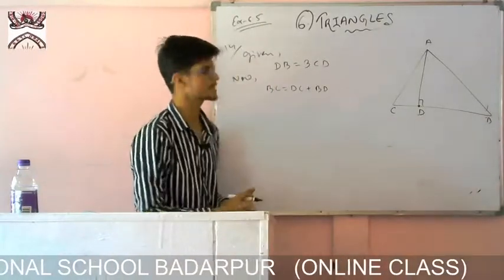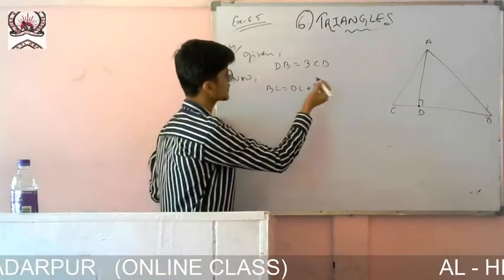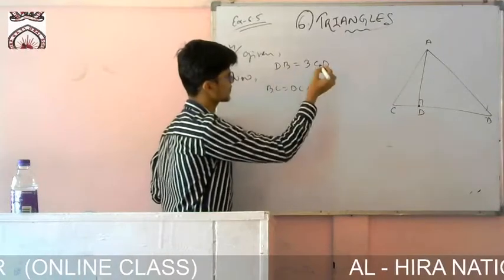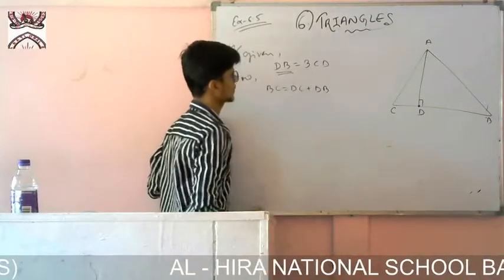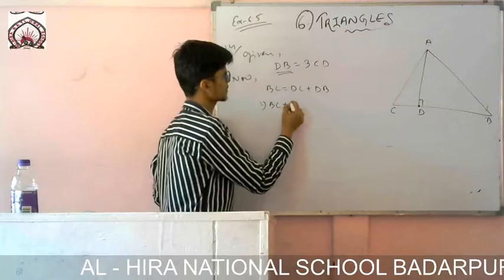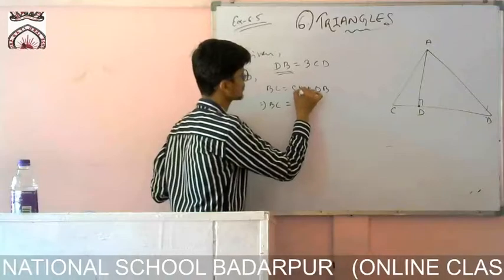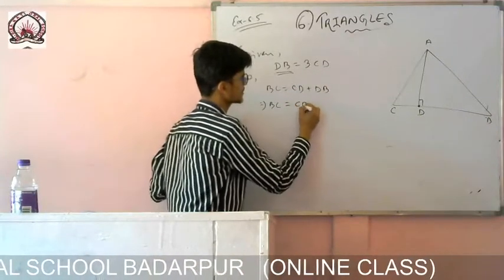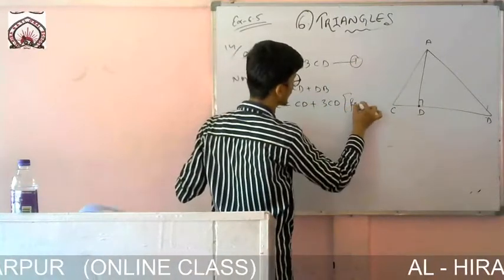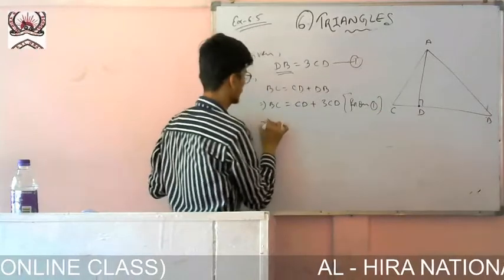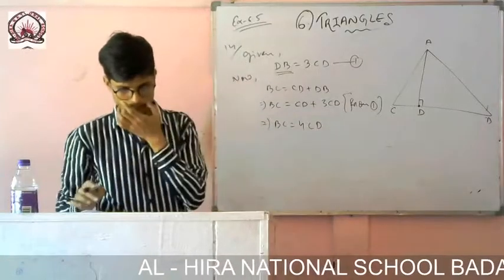If I just put the value of DB, which is 3 CD, then BC is equal to CD plus 3 CD. From 1 you write, so BC is equal to 4 CD.